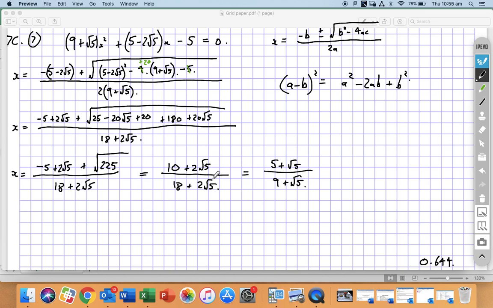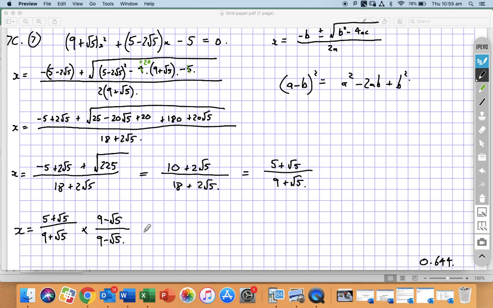Now we need to rationalize our denominator. x equals 5 plus root 5 on 9 plus root 5. I can see that it's a number smaller than 1, which is good because it should be 0.644. Times 9 minus root 5 over 9 minus root 5.